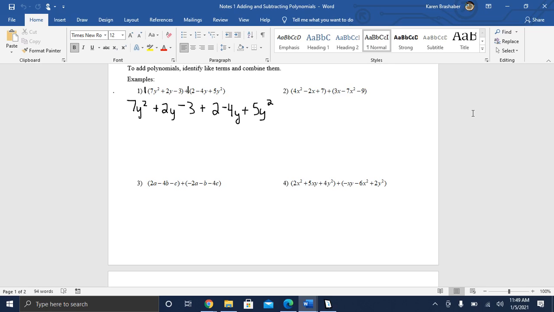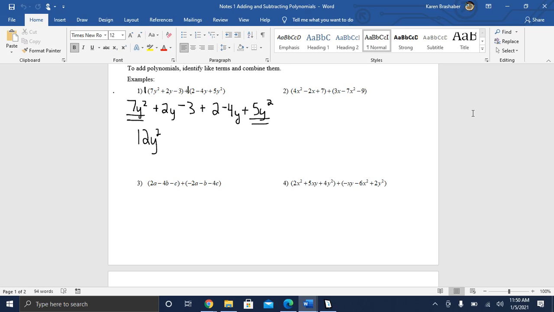And so then we will combine like terms. We will look for where we have the same variable and same exponent. So I have a 7y to the second and a 5y to the second. I'll add the 7 and 5 and then keep my y to the second. So 12y to the second.